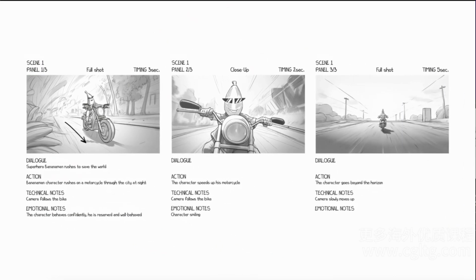A scene is a sequence of shots forming a coherent action unit, usually in a single location and time frame. It's a more prominent storytelling element consisting of multiple panels in the storyboard. Scenes often have their internal beginning, middle, and end, even though they are part of the larger story.